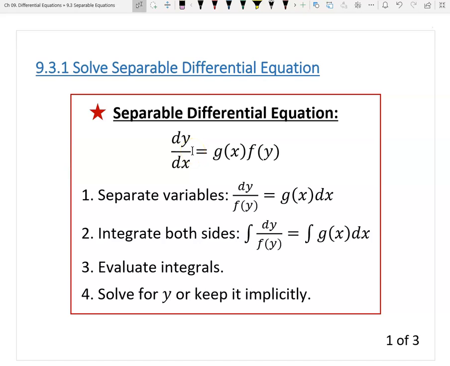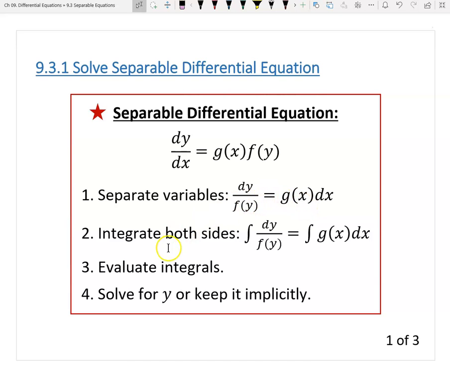So we can multiply dx on both sides, so dx goes to the right. And then for f(y), we divide both sides by f(y), therefore f(y) goes to the left. Can you see we have this equation now?